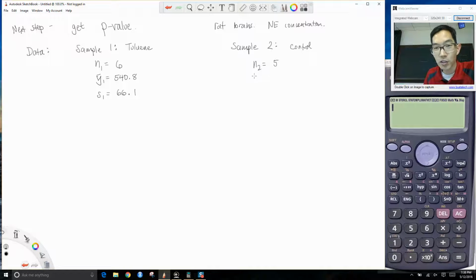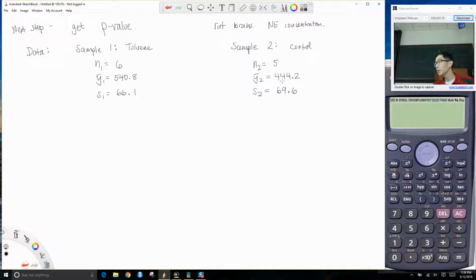Their average norepinephrine concentration was only 444.2, and there was a standard deviation of 69.6. Okay? So at first blush, when we just look at the data, it seems like the norepinephrine concentration of the toluene group is higher than that of the control group.